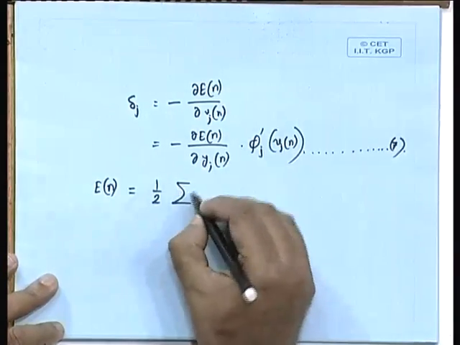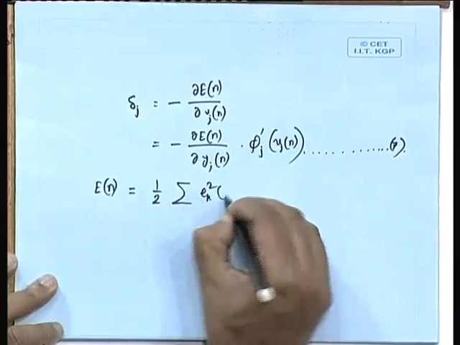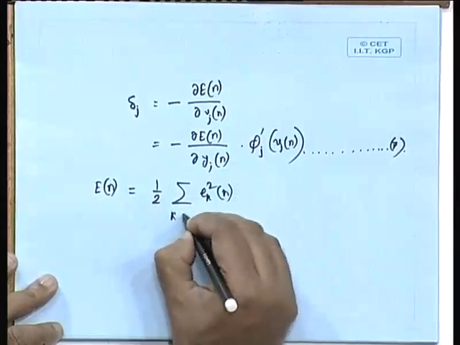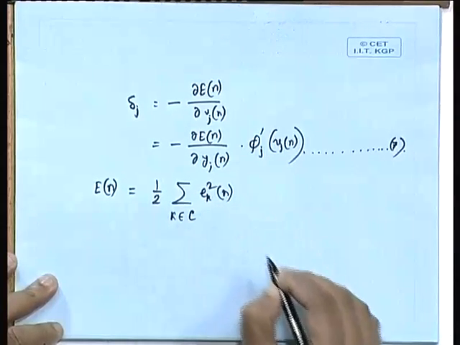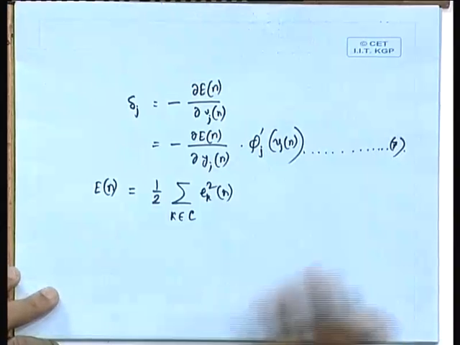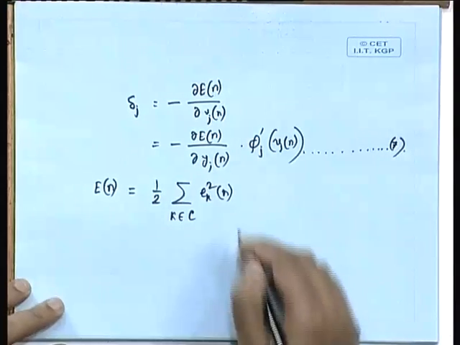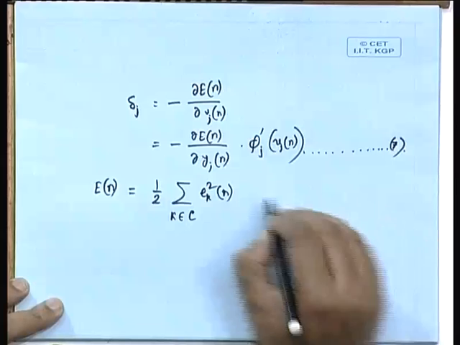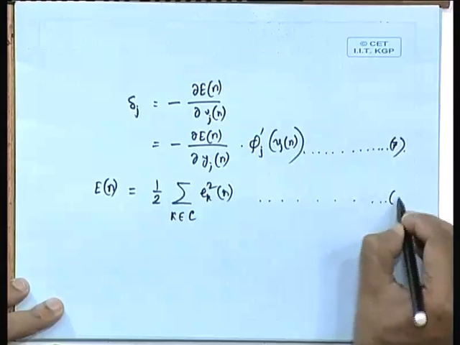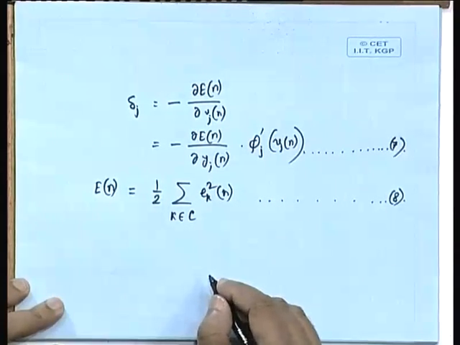So, we should write Ek square where K belongs to the set C, where C is a set containing the output neurons. This one we are going to call equation number 8.